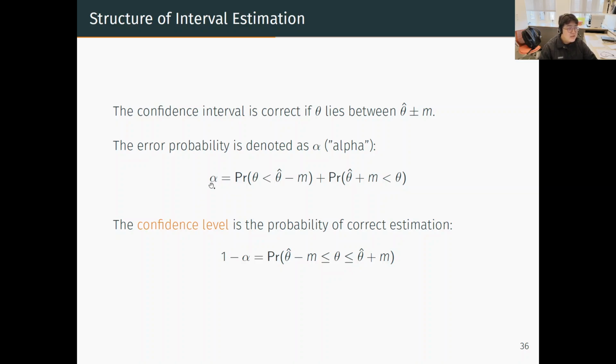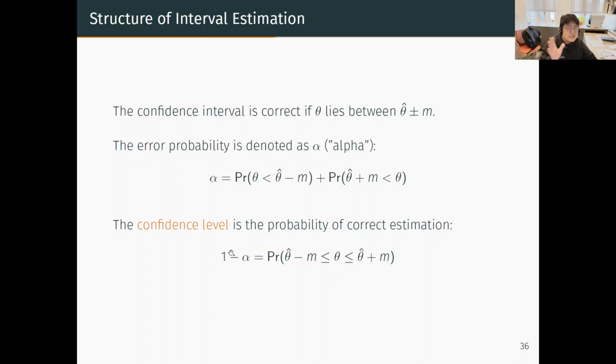Other than this alpha, your interval estimator is correct. That is called the confidence level, denoted as 1 minus alpha. I don't like the notation again. Alpha is for error probability, not the correct probability. So the correct probability is 1 minus alpha.